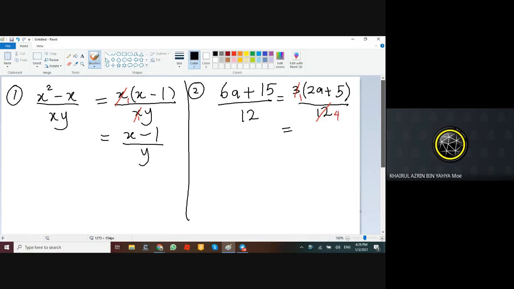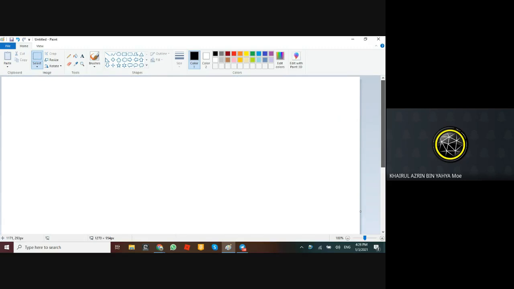So the answer will be 2a plus 5 divided by 4. This is the answer. Okay, so far it is very easy. Okay, we go to question number 3.